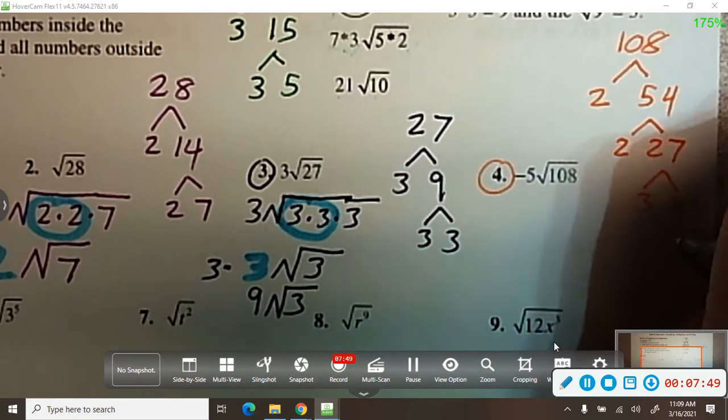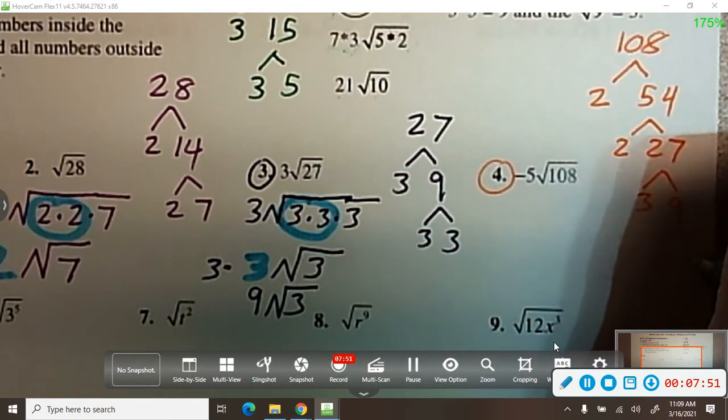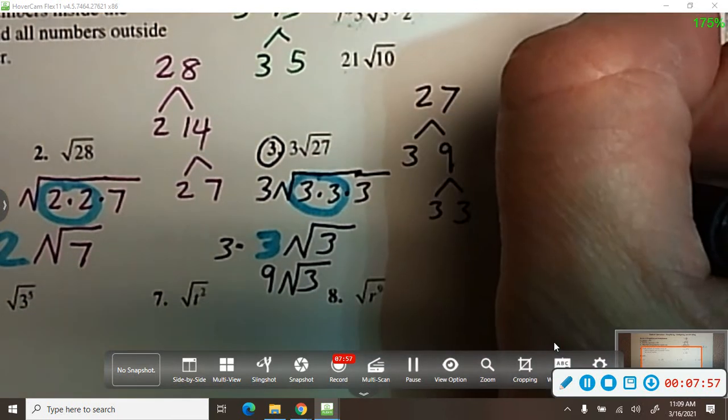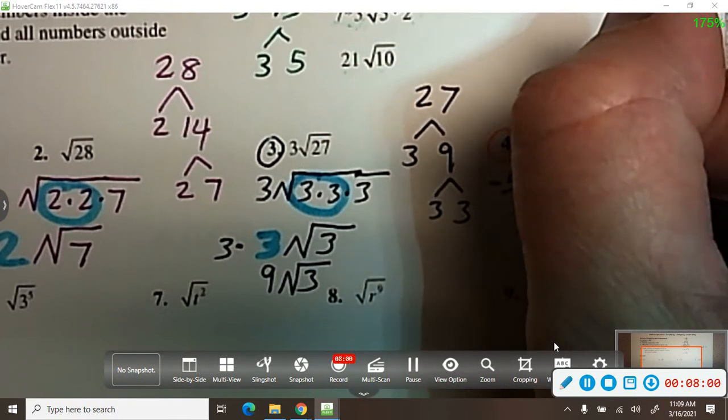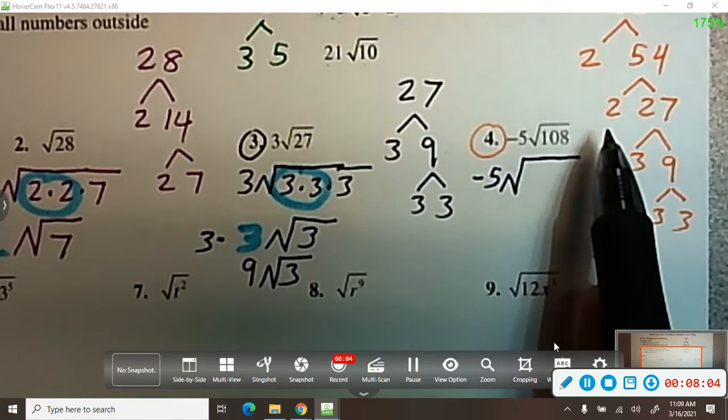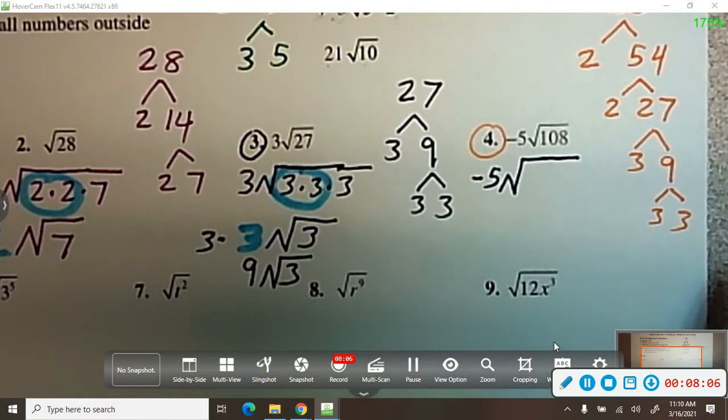And then 9 is 3 times 3. So I just found that that's equal to -5 square root of 2 times 2 times 3 times 3 times 3.